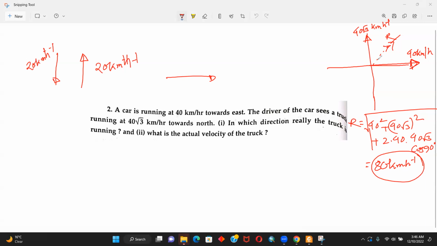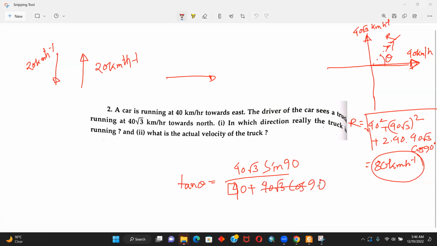And what will be the direction? You can easily calculate it. Consider it theta. Then tan theta equals, tell me what will be in the bottom left corner. 40 root 3. You have made a mistake here. It will be 40. So it will be 40 root 3 sine 90 divided by 40 root 3 cosine 90.